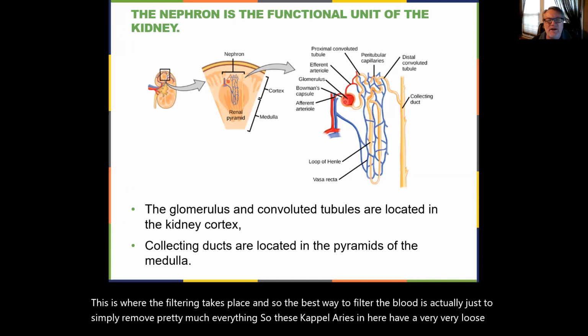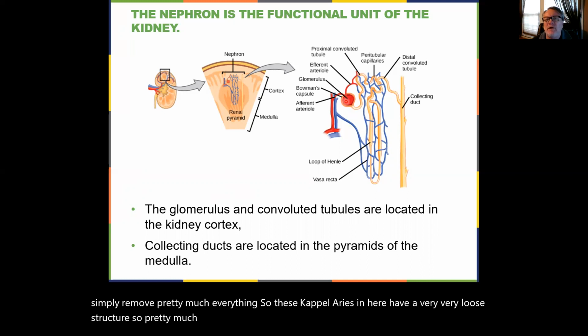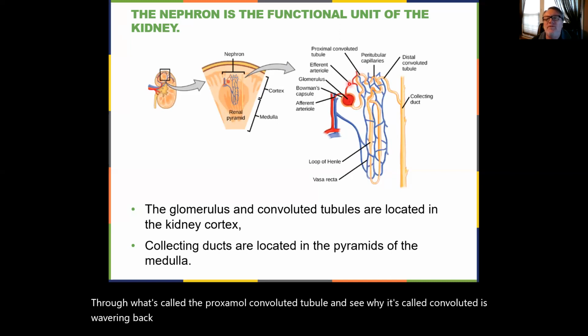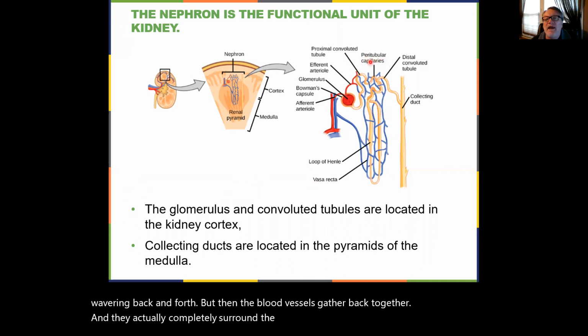So pretty much anything dissolved into the blood will leak out and form the initial filtrate, which then will continue through what's called the proximal convoluted tubule. You can see why it's called convoluted. It's wavering back and forth. But then the blood vessels gather back together and they actually completely surround the nephron with capillaries.